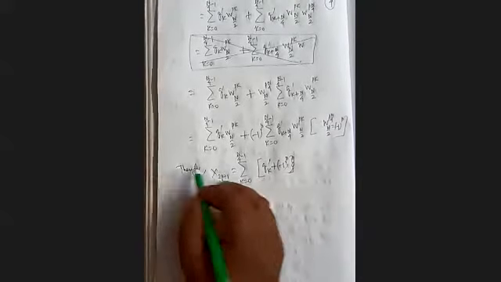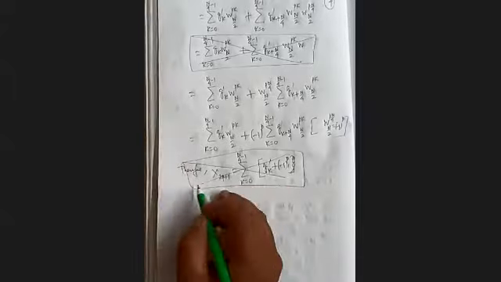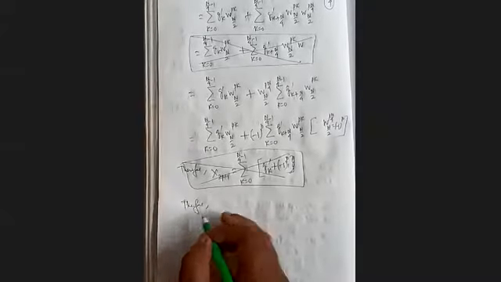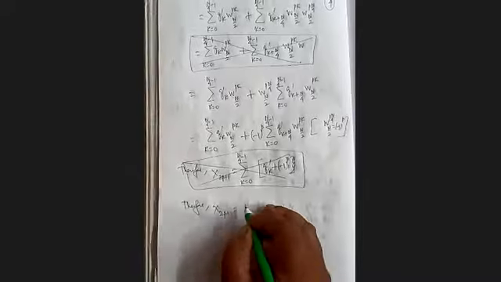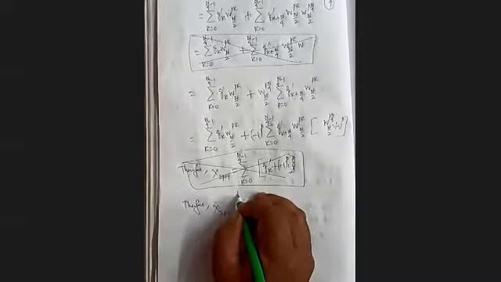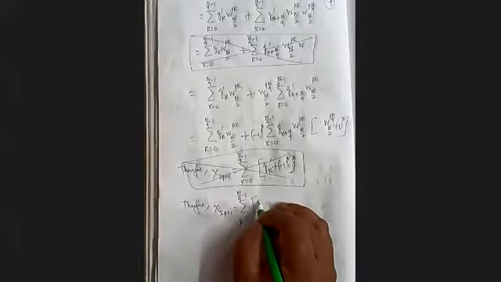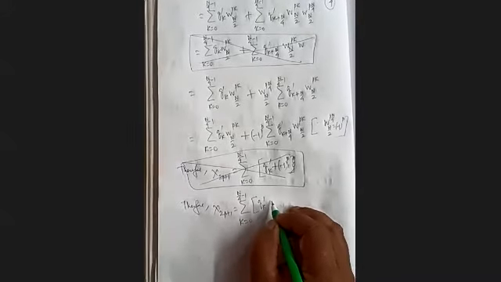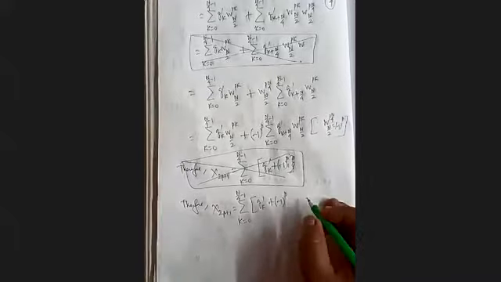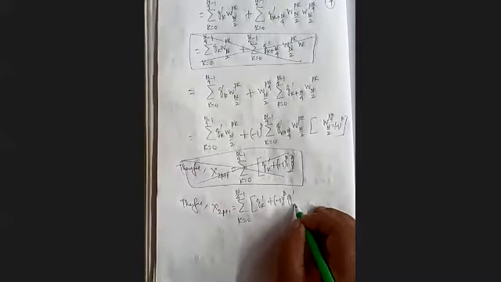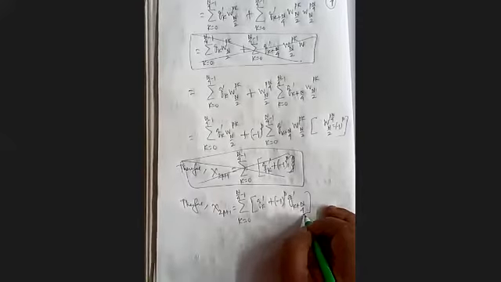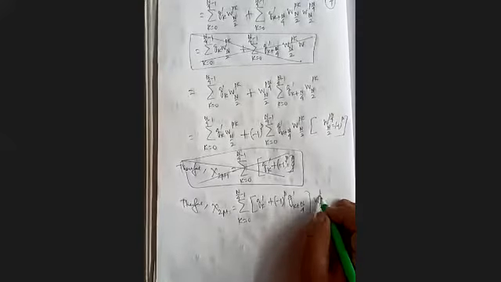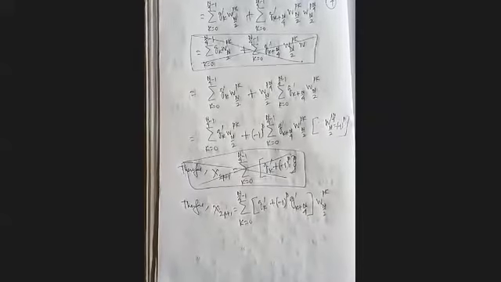X(2P plus 1) equal to G'(k) plus minus 1 to the power P, G'(k plus N by 4) W_N/2 to the power Pk. Okay, that is a relation.